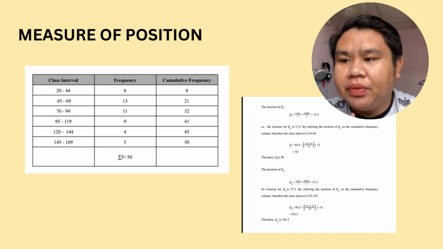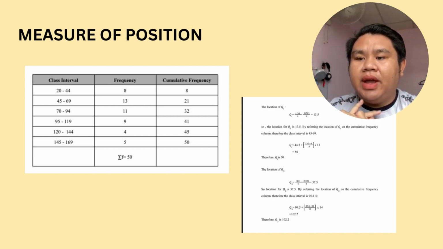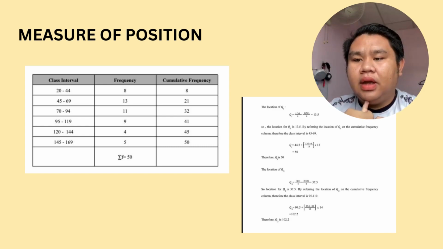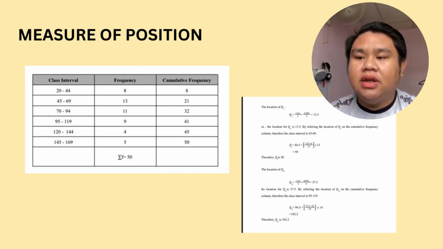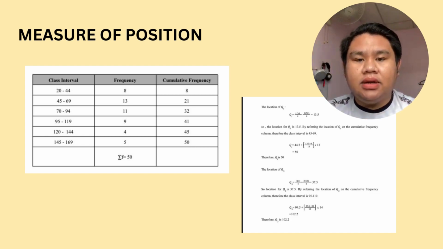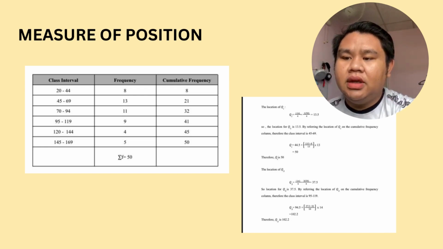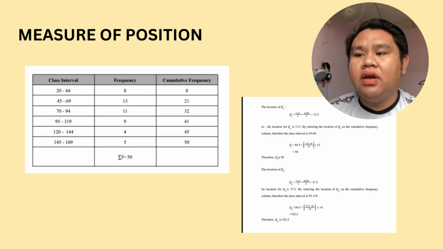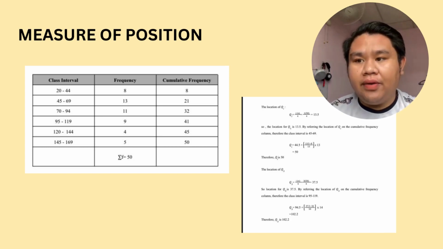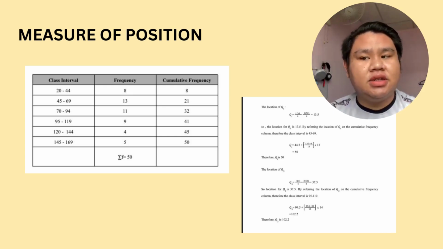First, we find the location of the quartile, and we use the following formula to determine Q1 and Q3, as you can see in our slides and our report. So first we count the location of Q1. The answer we get is 13.5, so the location of Q1 is 13.5.